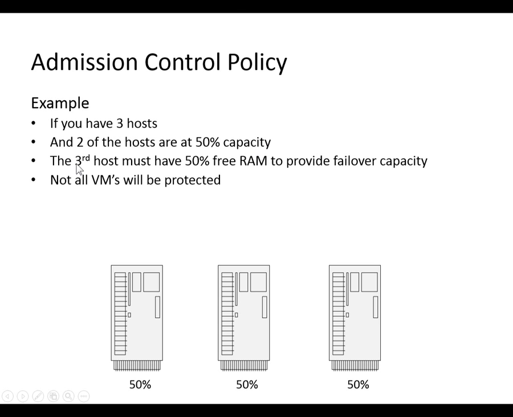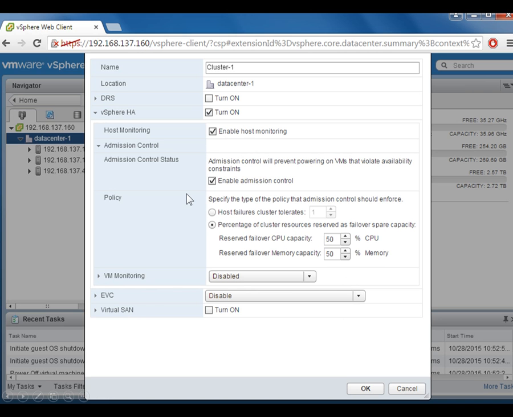So the third host must have 50% free RAM to provide failover capacity. And of course, you can see in this scenario, not all of the virtual machines will be protected. Only 50% of them will be. This is called reserve percentage of cluster resources as failover spare capacity.